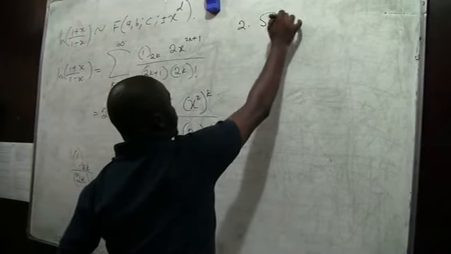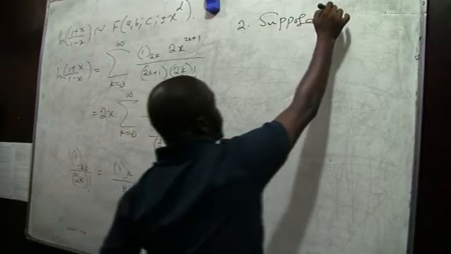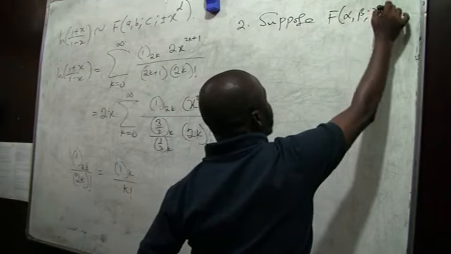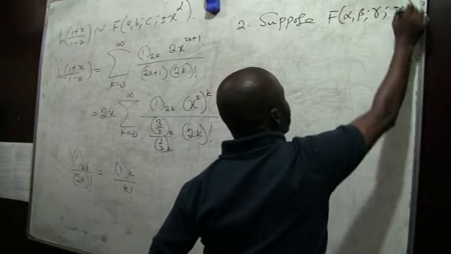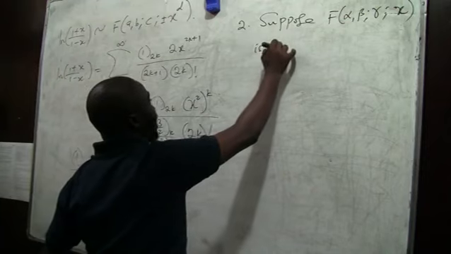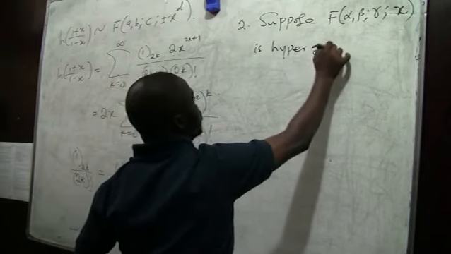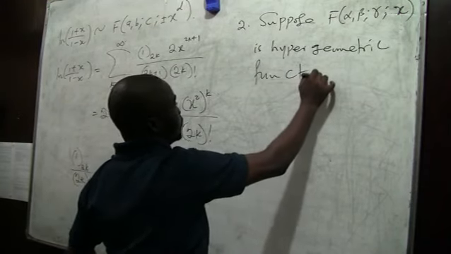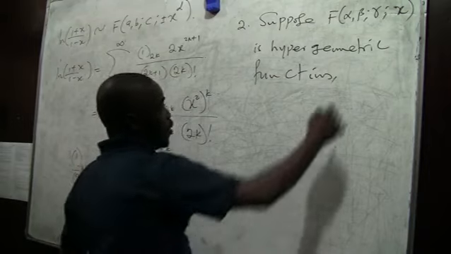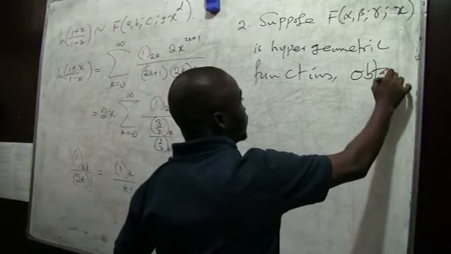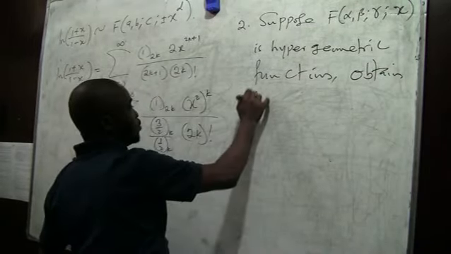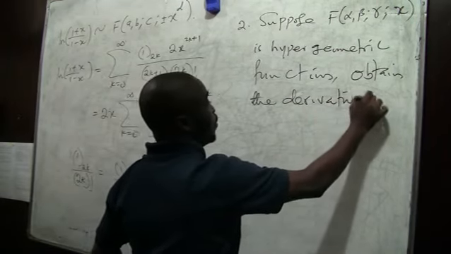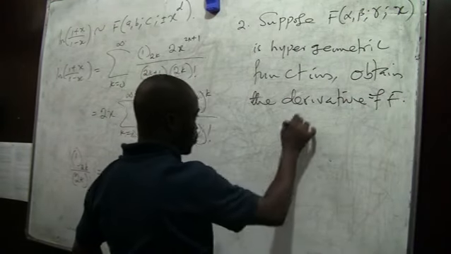Suppose F(alpha, beta; gamma; x) is a hypergeometric function, obtain the derivative of F. Solution.